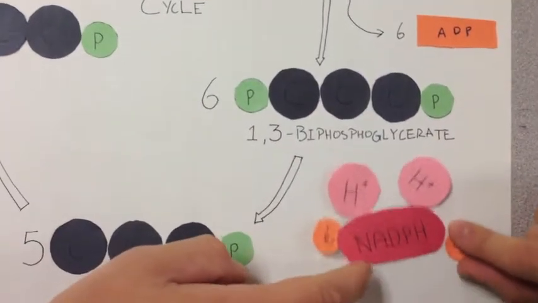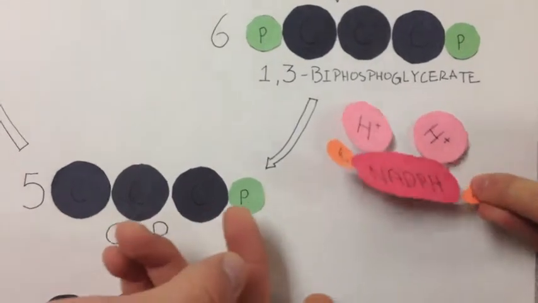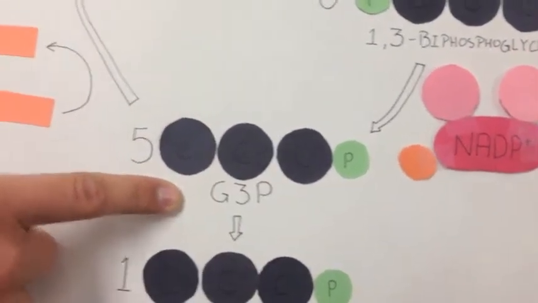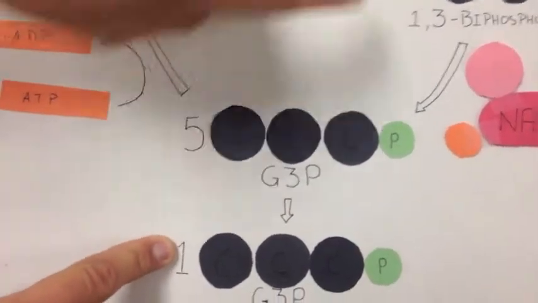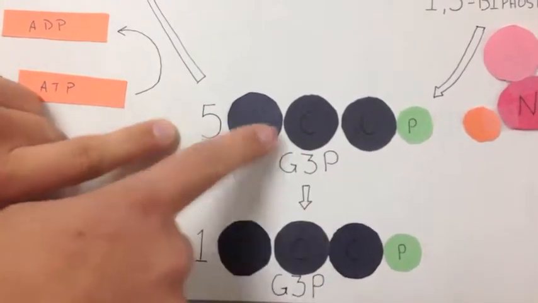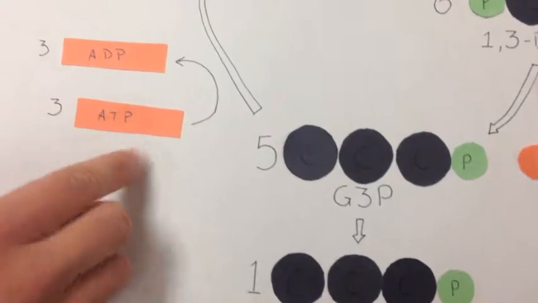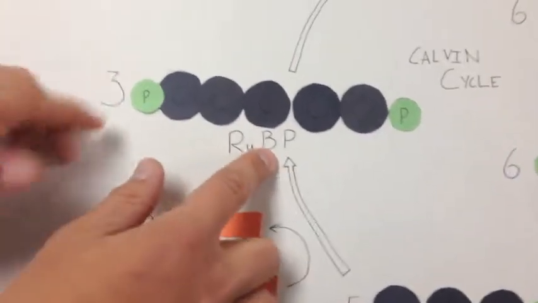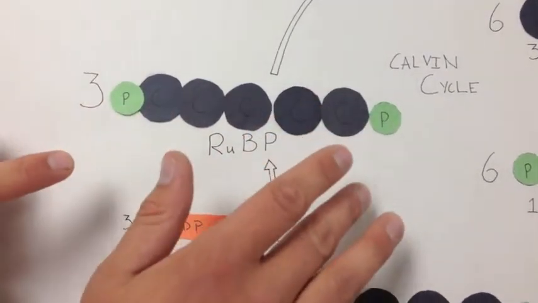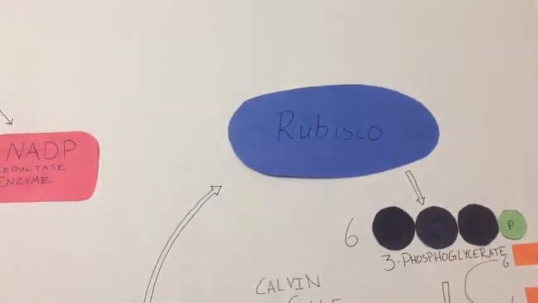Then the electron carrier from our light reactions, NADPH, gives its electrons and energy, turns into NADP+, and sends 1 of the 6 biphosphoglycerates out of the system, leaving 5 G3Ps remaining, which then, when acted on by ATP, which then becomes ADP, gain a phosphate and reorganize so that they are a 5-carbon molecule with 2 phosphates called RuBP, which then recycles through the process.